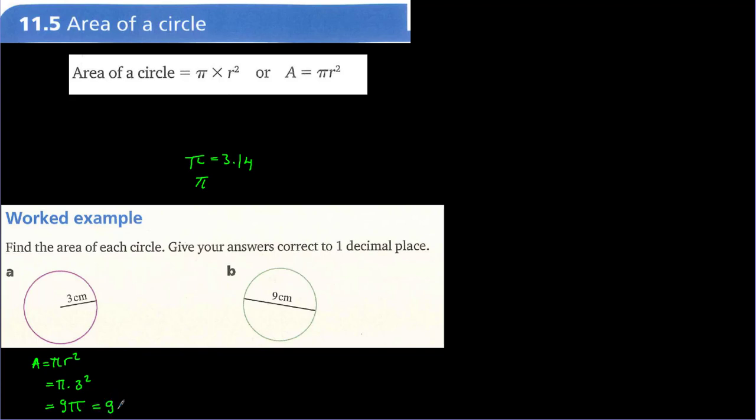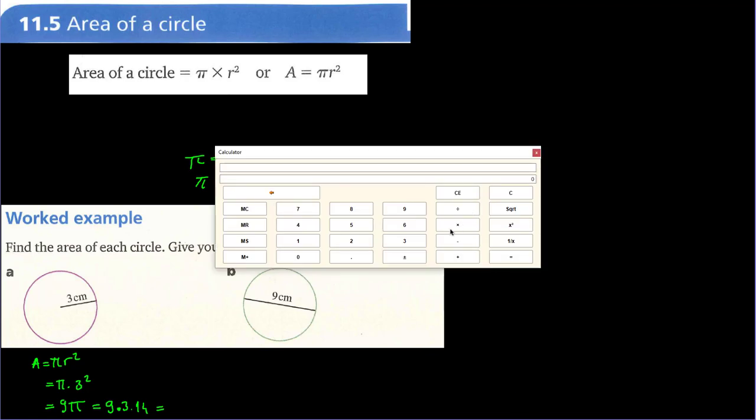This is enough for us, but for the first time, to give the answer correctly as well, I'm going to continue. Pi is 3.14, so it's 3.14 times 9. Let me use the calculator here. 3.14 times 9 is equal to 28.26, but this is not to one decimal place.